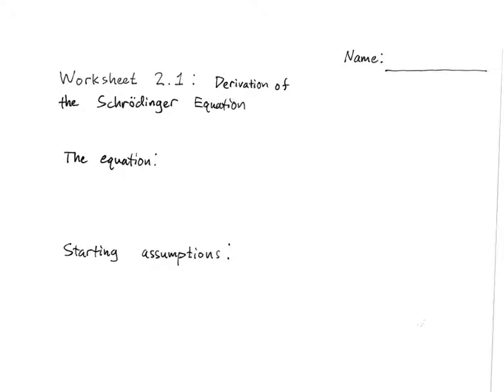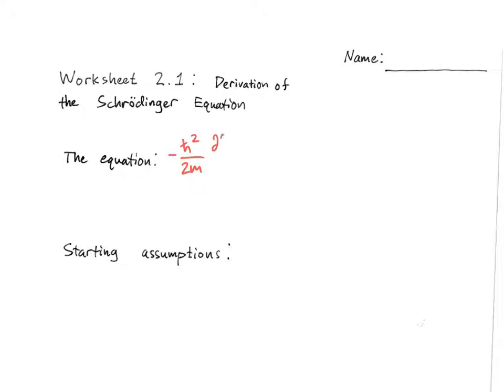Okay, let's start by writing down the equation itself. Remember that the equation is negative h bar squared divided by 2m, where h bar is Planck's reduced constant and m is the mass of the particle we're considering.